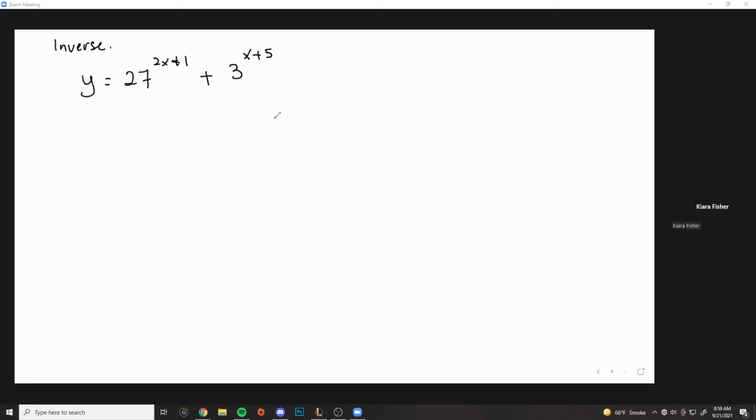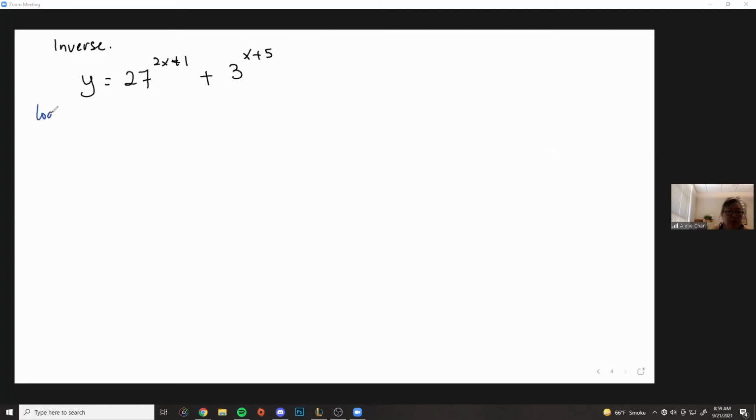Inverse first. Or maybe not. You think inversing it is easier first? I would log it first because then I can bring all of this down.